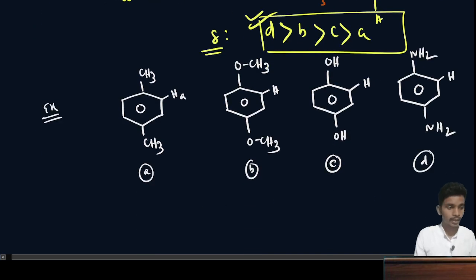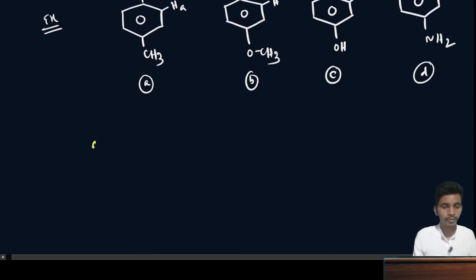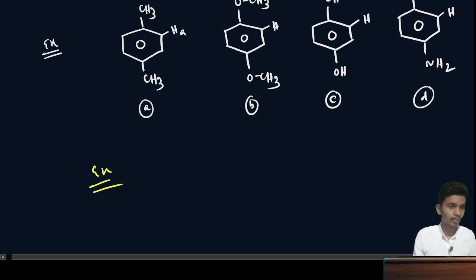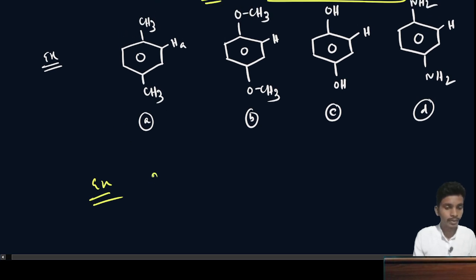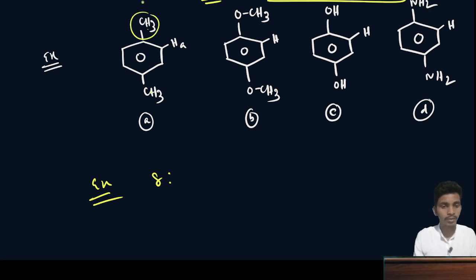Okay, and the last question. Here the chemical shift order will be, let's say these all are electron donating groups.